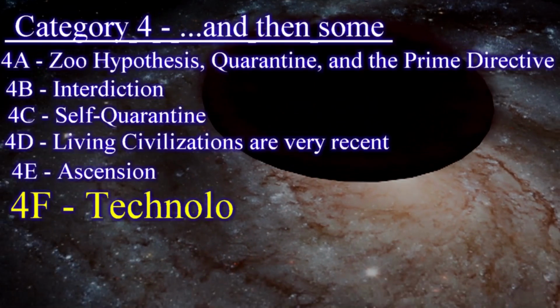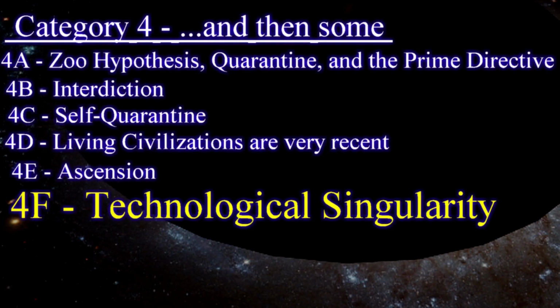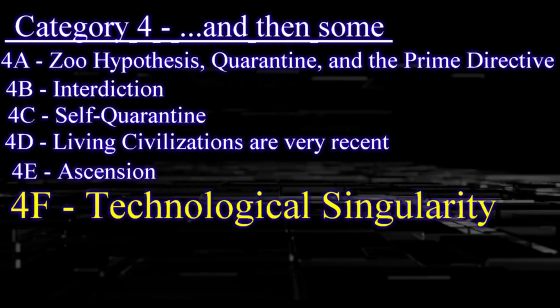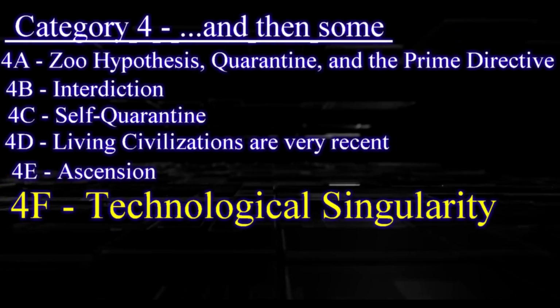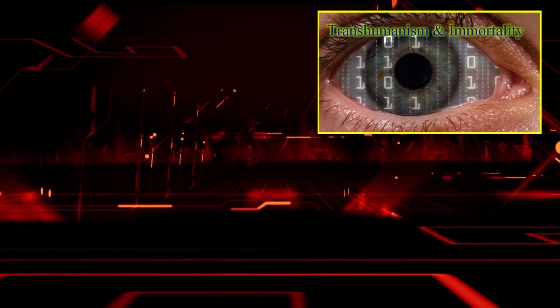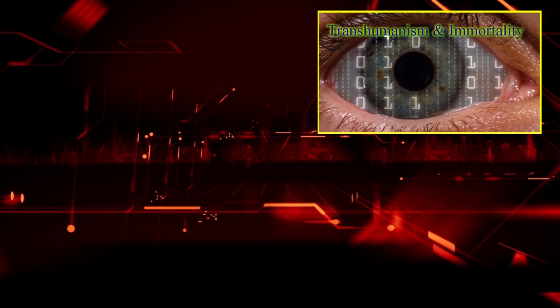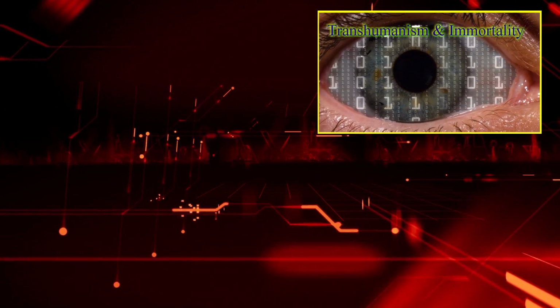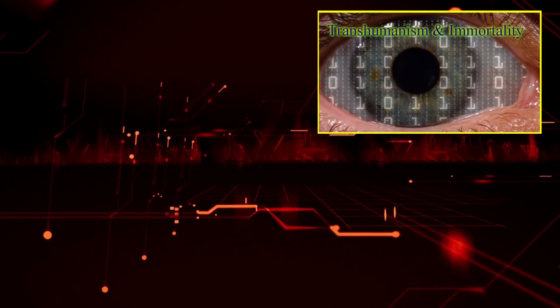Same problem for Category 4F, technological singularities, but these frequently are envisioned as occurring very near-term, not distant future. We'll be examining the concept in the transhumanism and immortality video, but the strength is that it's not requiring any break with known physics. It's basically the idea of replacing your civilization with technological supermen or of one supermassive megacomputer.